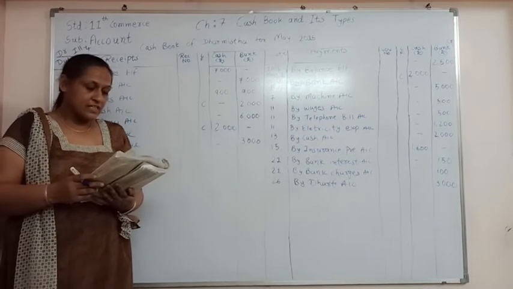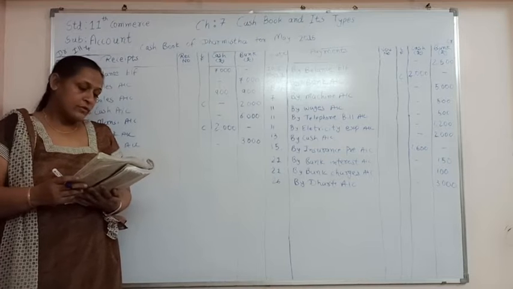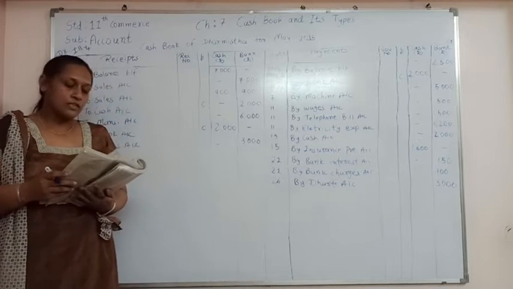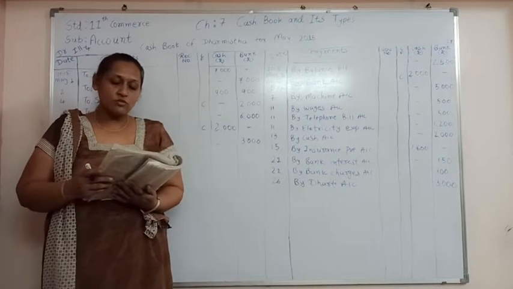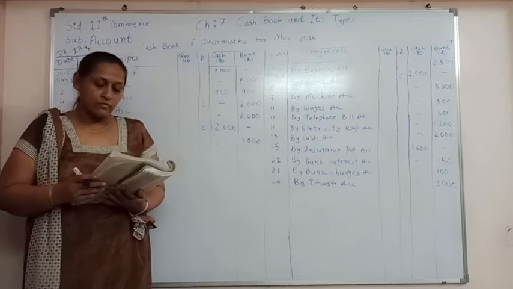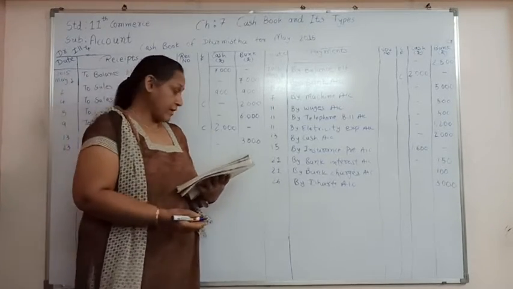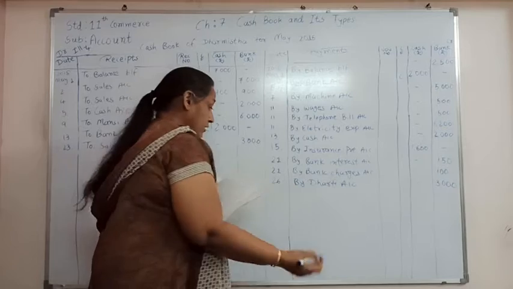Now the next transaction is on 28. Rupees 1500 paid to Vibod for the settlement of account, rupees 2000. So here the first transaction is paid to Vibod for the payment of our payable.